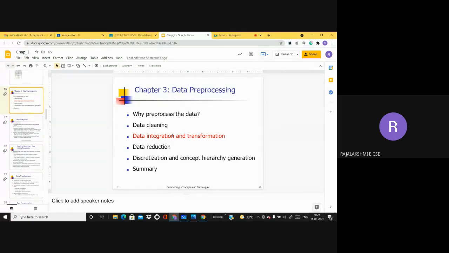Yes or no? Yes, ma'am. What are all the methods we have in data cleaning? Binning method, clustering method, human intervention and computer combined. Regression analysis, clustering can be used. We saw bin by means, boundary in the smoothing techniques.